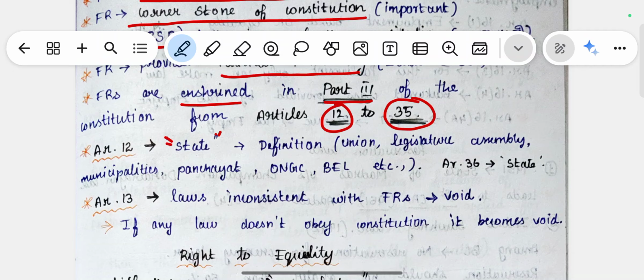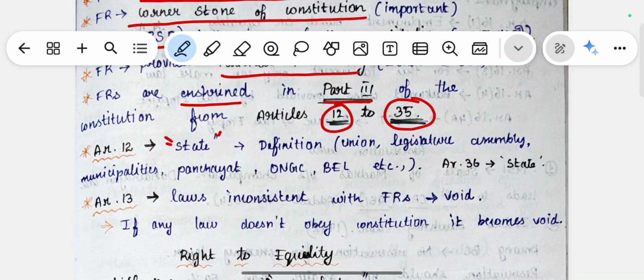In our Indian constitution, instead of other words, they use only a single word called state, but the word state has a different meaning based on where it is used. Likewise, if there is a matter between a person and the local government, here the state refers to the local government, and if there is a matter between something and the union government, the state denotes the union government. So the meaning of state varies based on where it is used.